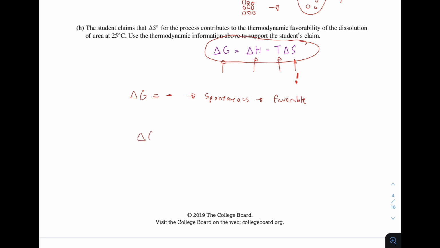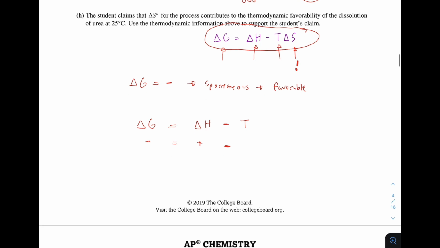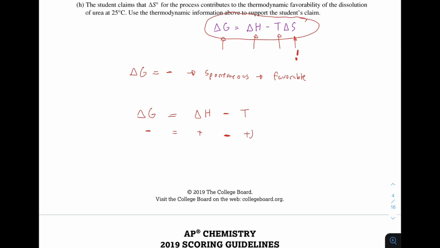In order to make this negative, enthalpy can be positive or negative, but you actually don't have to think about whether it's positive or negative at all because that does not change the thermodynamic favorability for this question. Temperature is also always going to be positive.